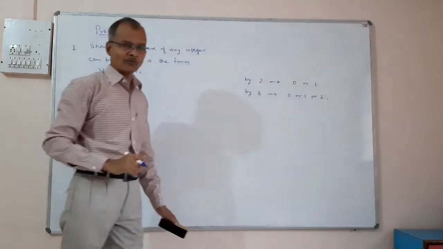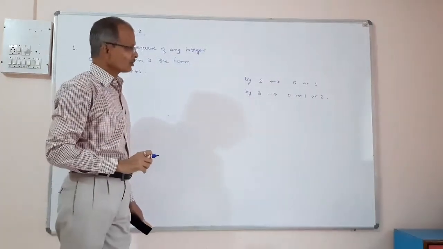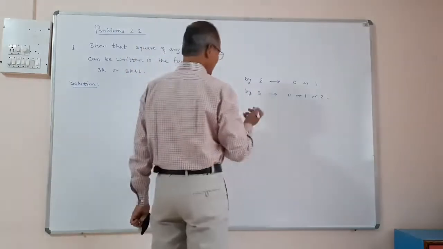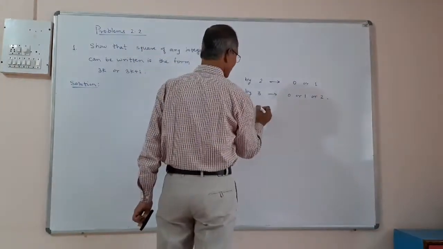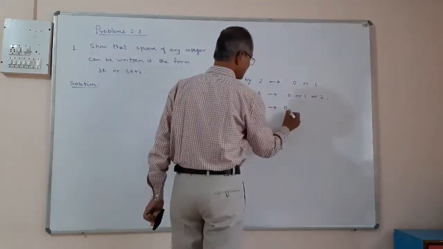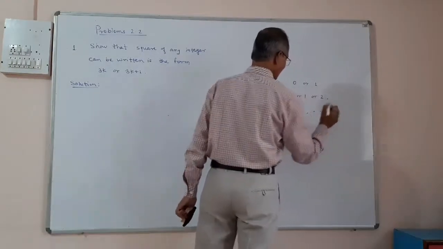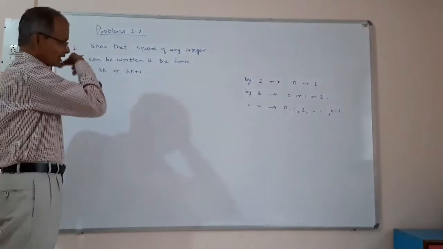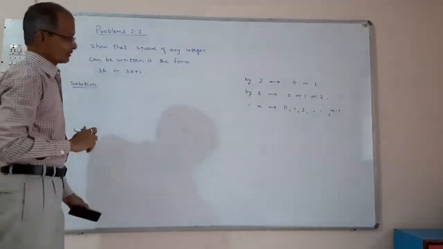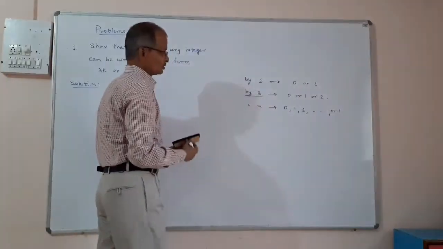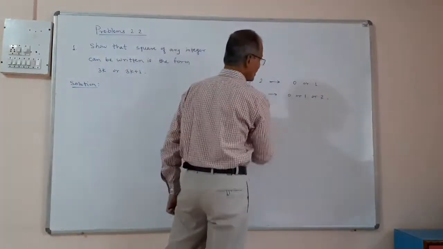If it is divided by 4, the remainders will be 0, 1, 2 or 3. And in general, if it is divided by m, the possible remainders will be 0, 1, 2 up to m minus 1. And thus we shall consider an integer. Any integer divided by 3 gives the remainders 0, 1 or 2.